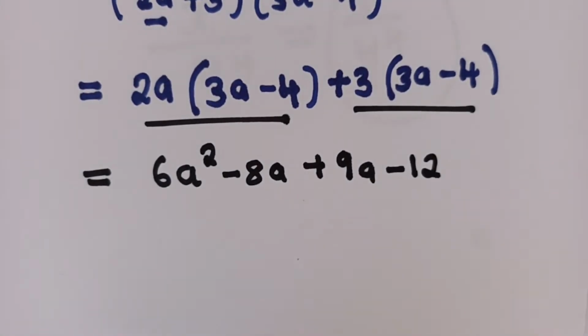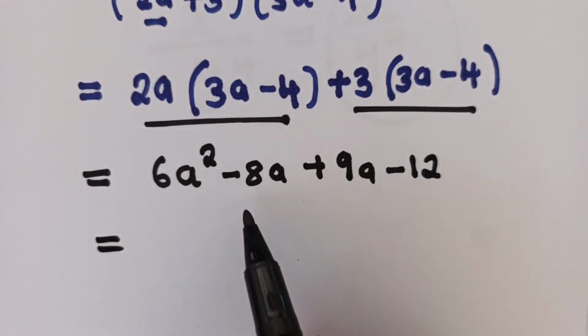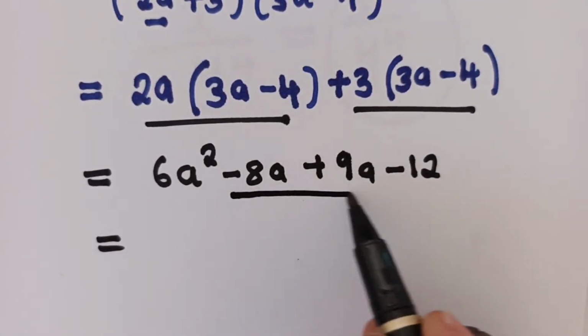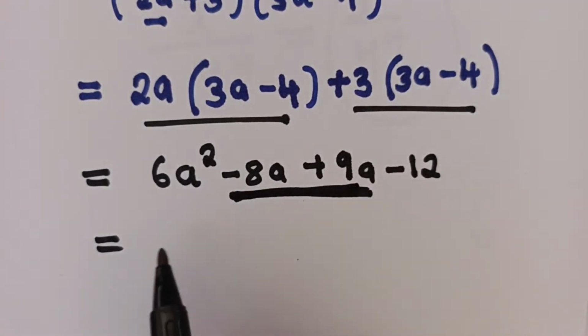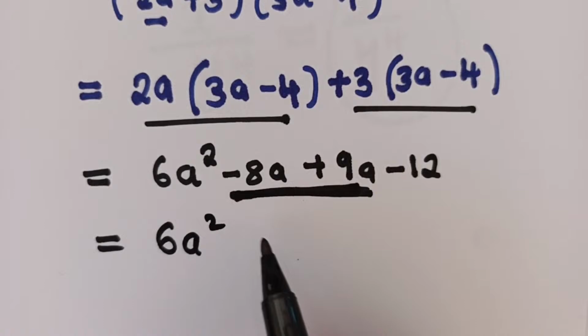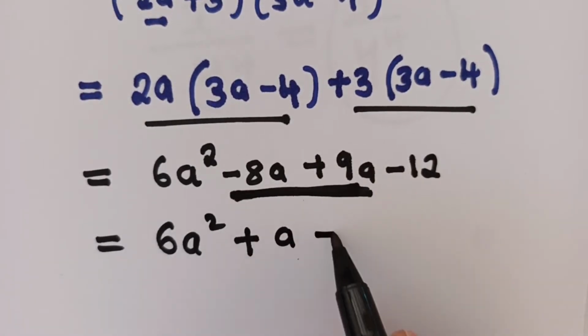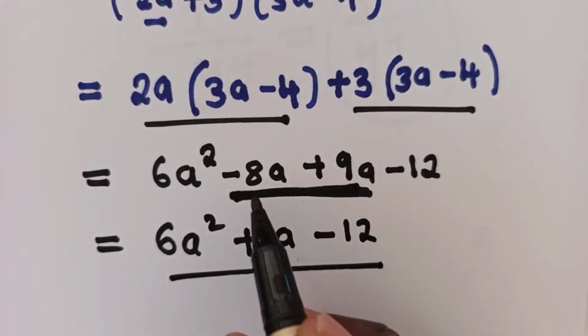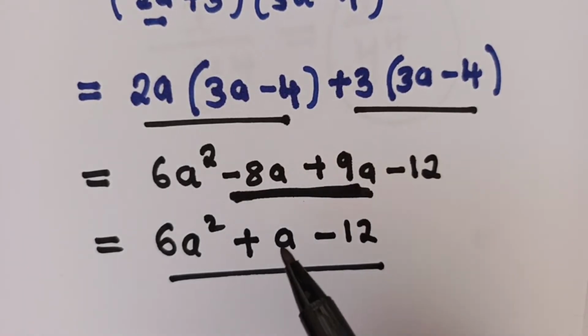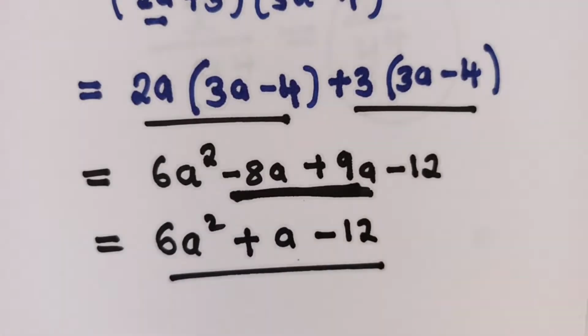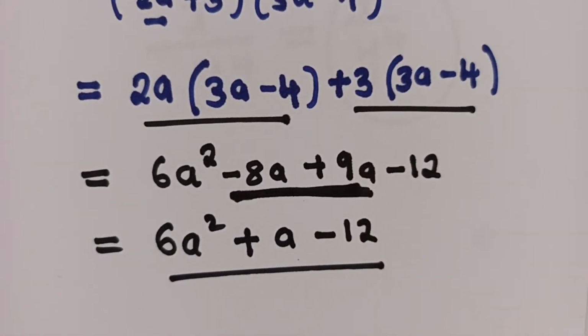Okay? And from here, we group the like terms, which are just here. So we shall maintain 2a power 2 plus a minus 12. Because this is negative 8a plus 9a, will just give us a 1a, which is just a. So that's it, guys. Are we okay up to here?